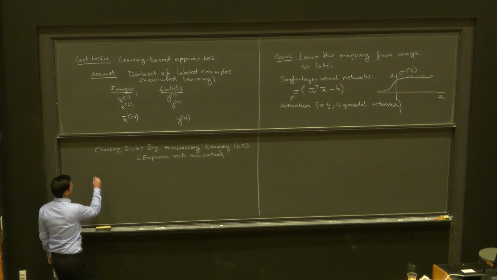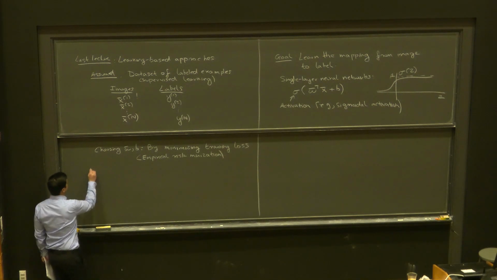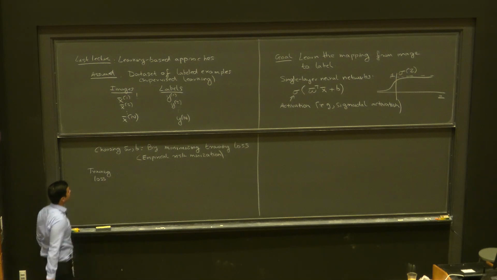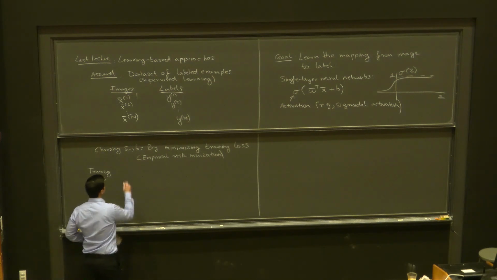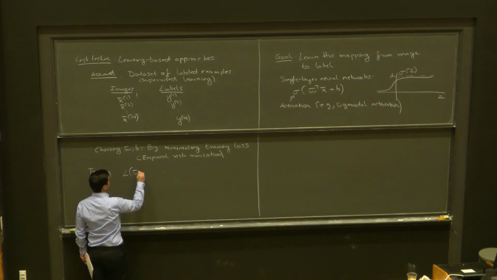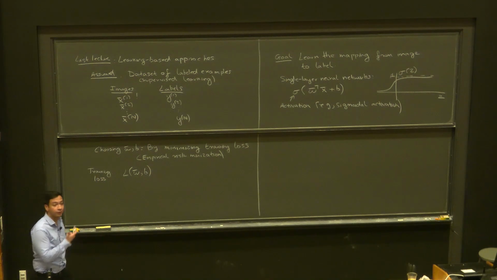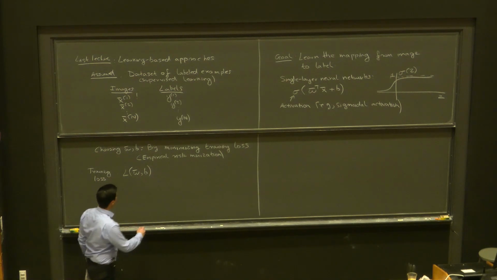Specifically, we defined training loss as the average loss. The notation we used was L, which you can think of as a function of W and B. For each setting of W and B, you get a particular training loss.